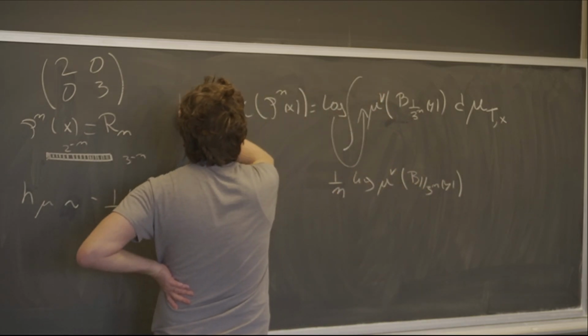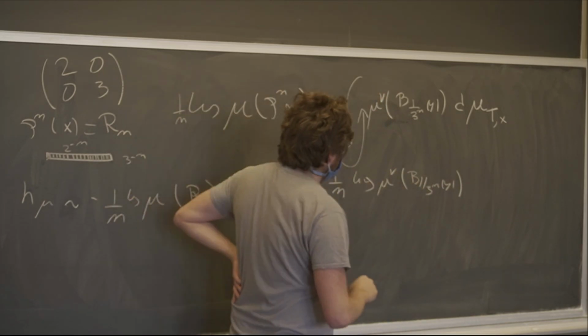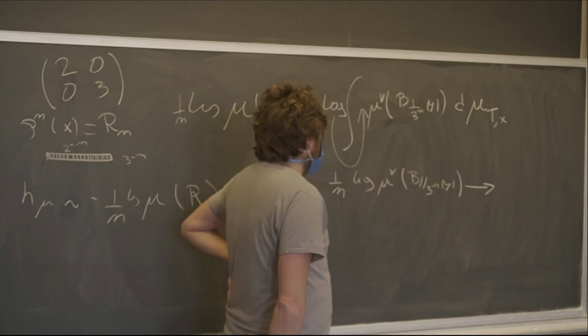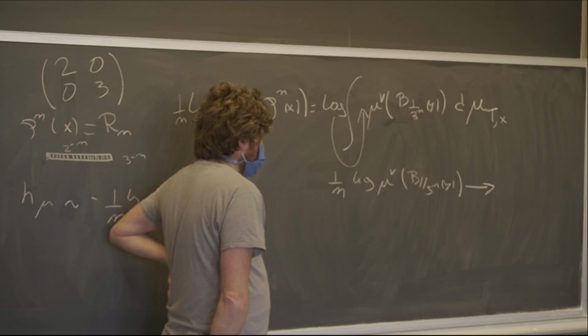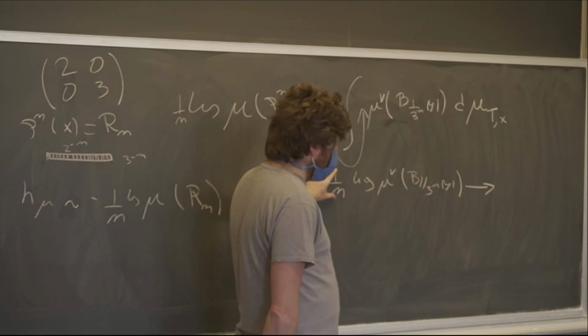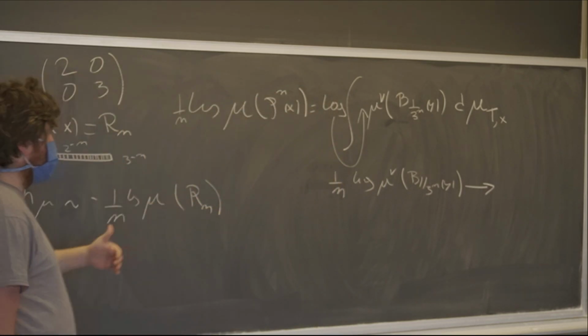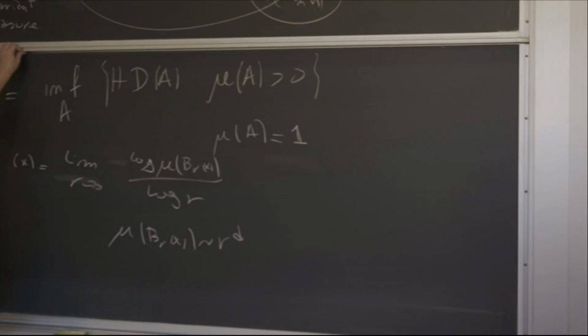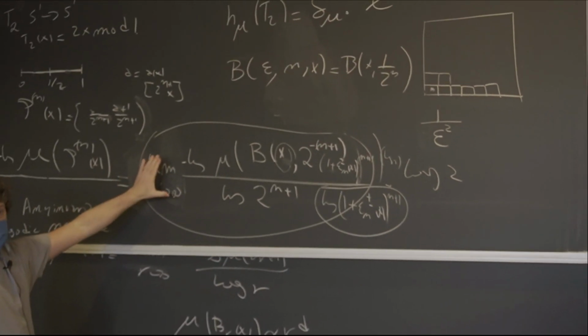So you prove at the same time that this limit exists, putting the 1 over n here, and the fact that this limit exists is not trivial and is pretty much the same idea as here.